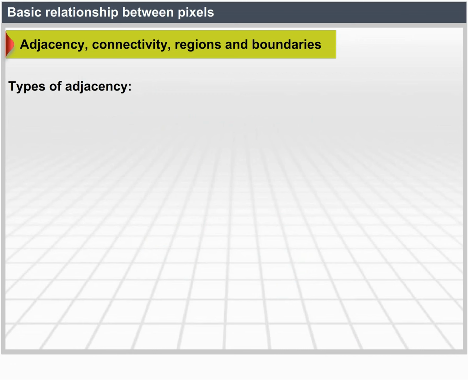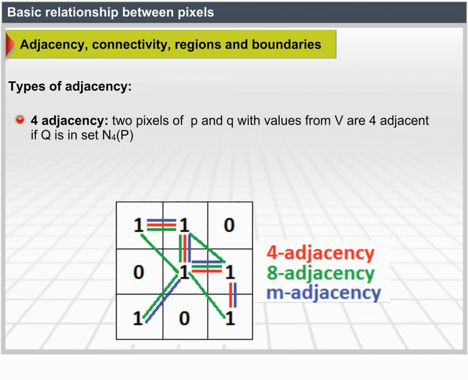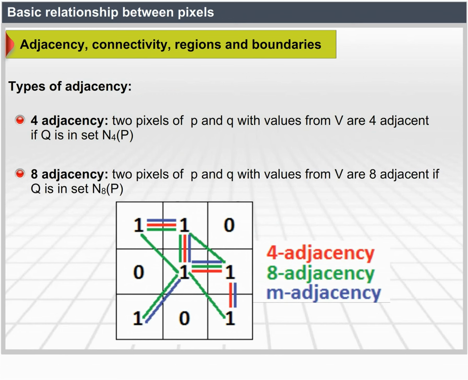3. Types of adjacency. 4 adjacency: 2 pixels P and Q with values from V are 4 adjacent if Q is in set N4(P). 8 adjacency: 2 pixels P and Q with values from V are 8 adjacent if Q is in set N8(P).